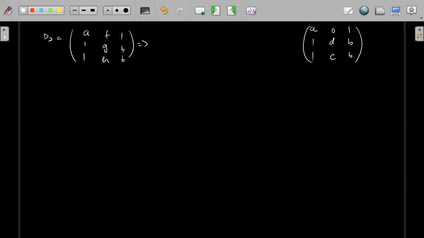D2 will be A into GB minus HB, minus F into B minus B. So B minus B will be 0, F into 0, plus 1 into H minus G. Right? So this is equal to D2.